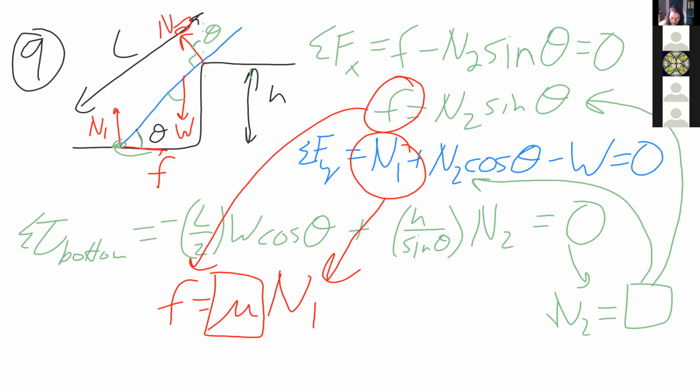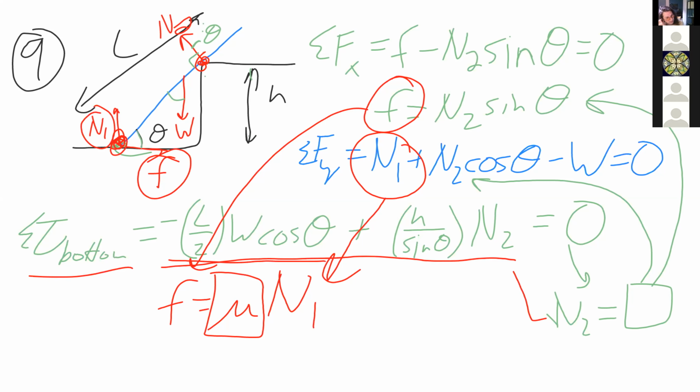One note that I'll make is that we chose to set our pivot here when we did the summing of the torques, and we had a simpler equation, which did give us an answer. We could have also chosen to set the pivot, say, up here, and then we would have had a torque equation that would have had the weight torque in it, and would have also had a torque from N1 and also from the force of friction, and you could have solved that way.